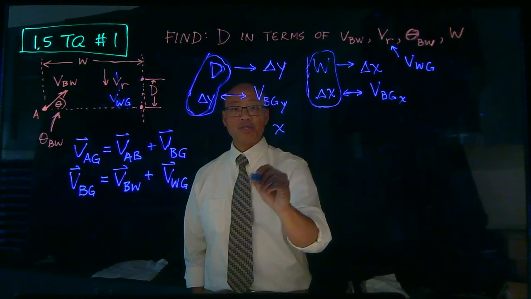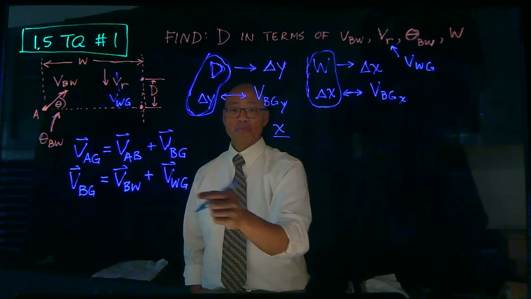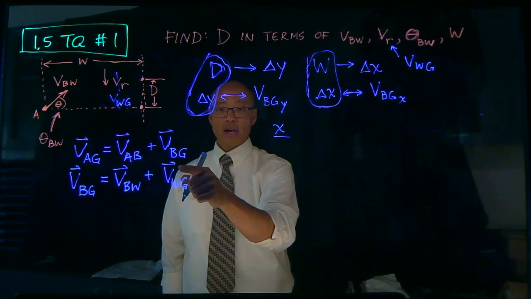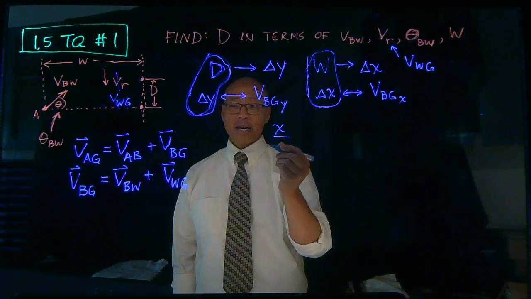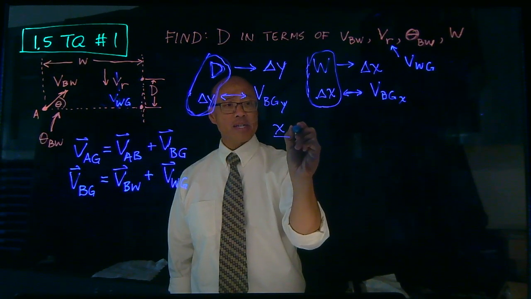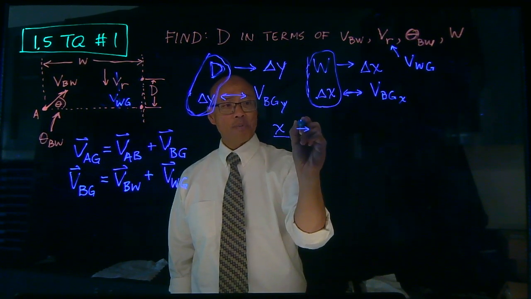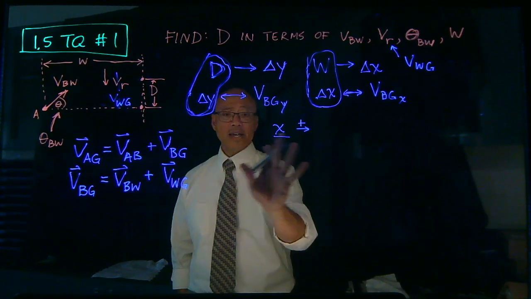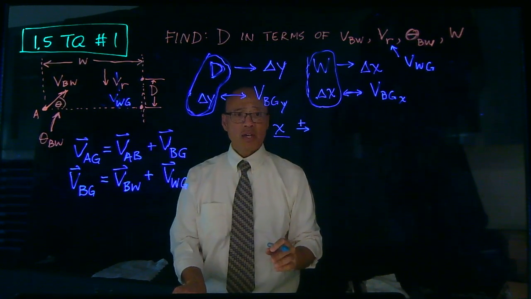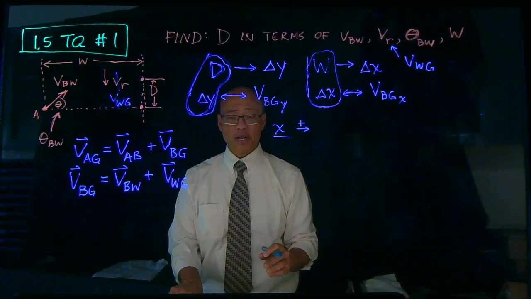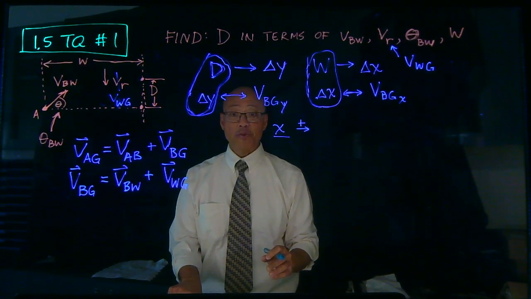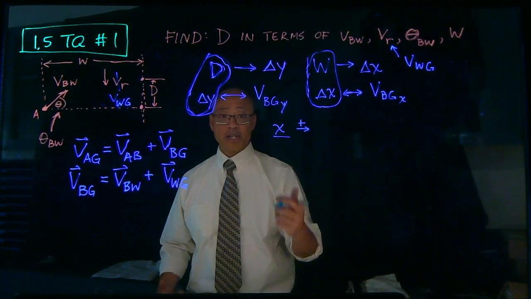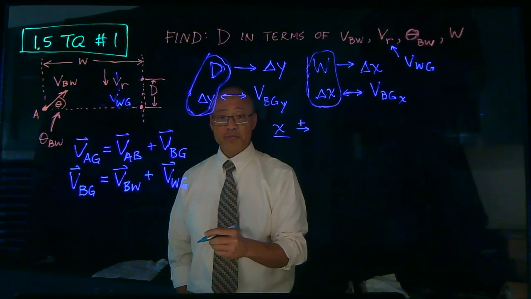So in the X direction, now I'm going to remove the vector arrows. I could keep them, but I'm just going to simplify it, and I'm going to remind myself that positive is to the right. So mathematically, as I do math in the X dimension, if I come up with positives or negatives, they represent direction, okay? And that way I don't have to keep writing the arrows.